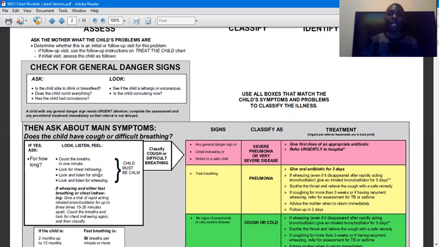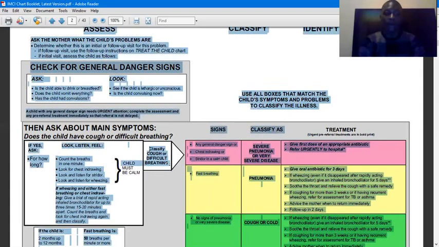It's up to you to organize those answers, and it may lead you to one of the classifications according to the cough or difficulties in breathing main symptoms. So according to IMCI, how would you classify this cough or difficulties in breathing?